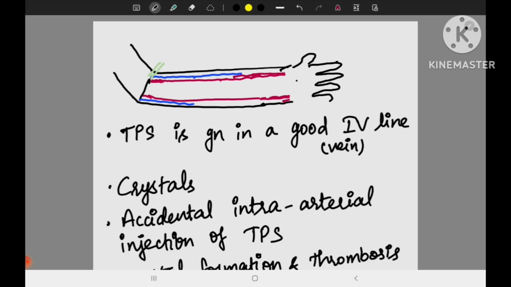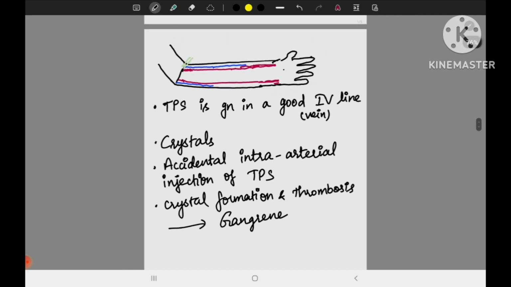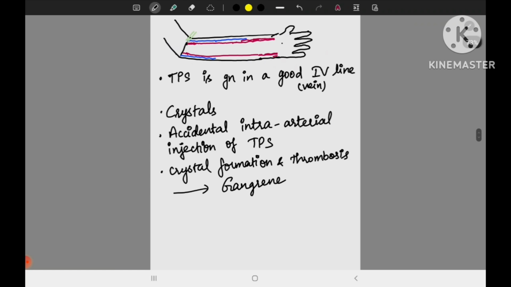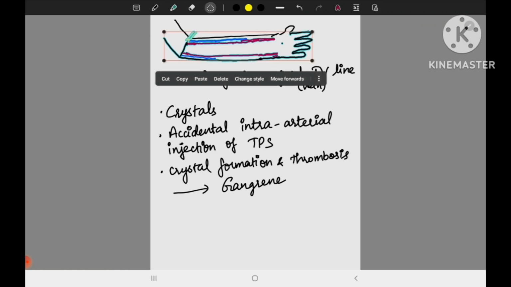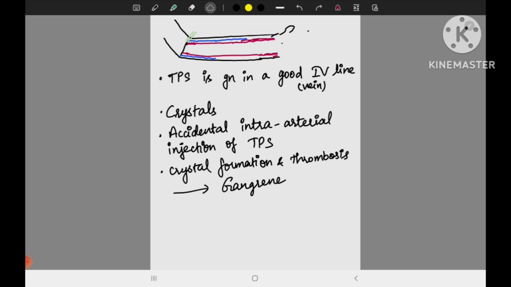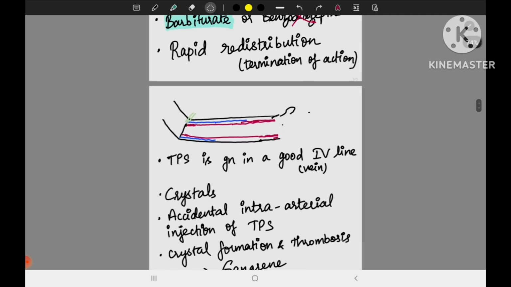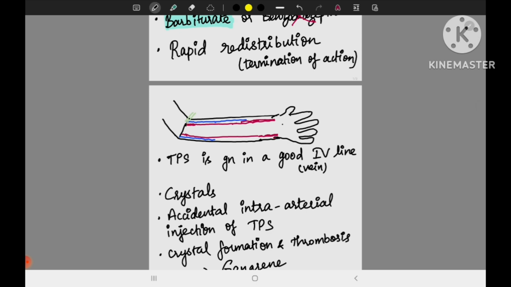No, if we give it like that, probably we can save the limb of the patient. And preferably always try to avoid giving injection at this site, that is at the brachial plexus site. Just one second. See, the limb of the patient has been gone. We will draw it. So we can probably save the limb of the patient.